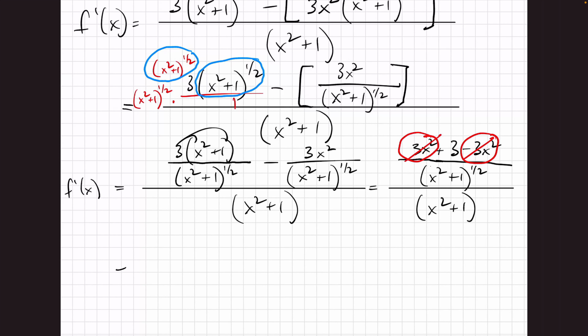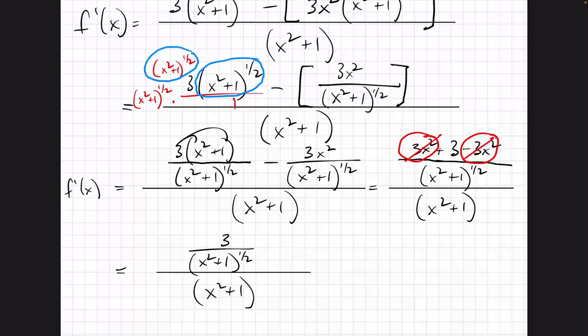So now I have 3 times x squared plus 1 to the 1/2 over x squared plus 1. So I still have a fraction over a fraction, but at least it's one fraction over a fraction, not two. Keep, change, flip.